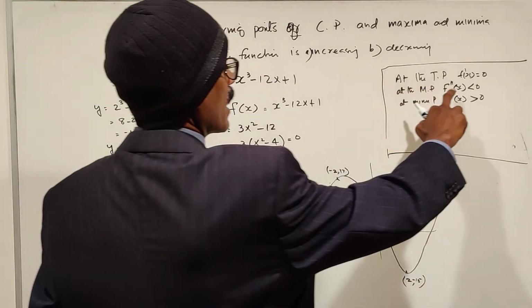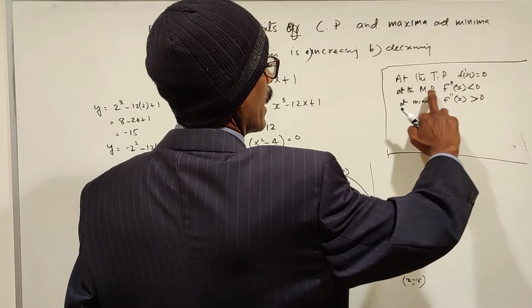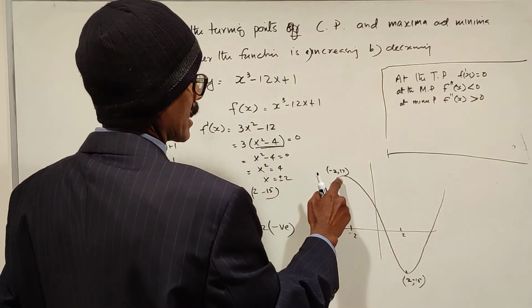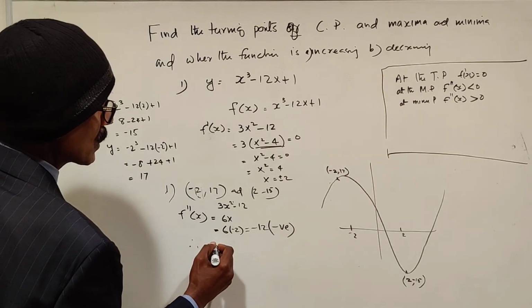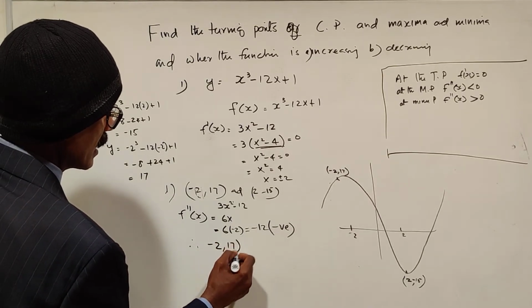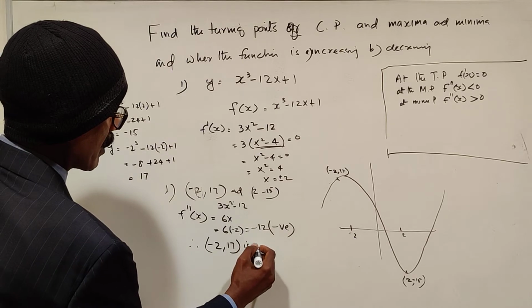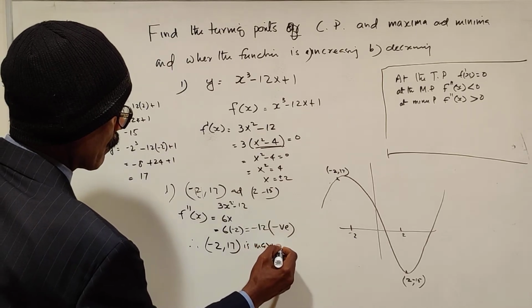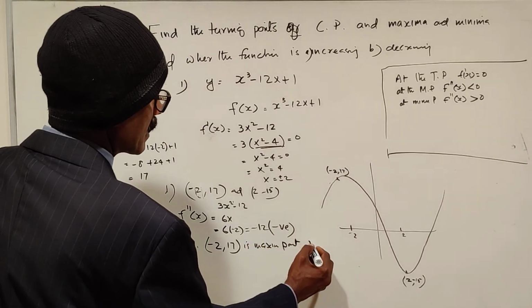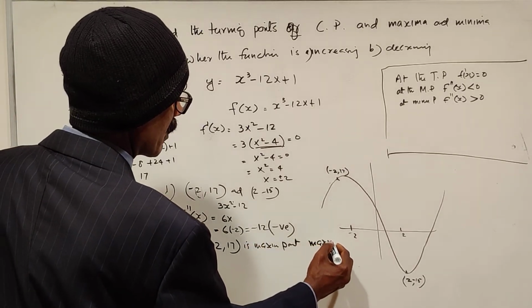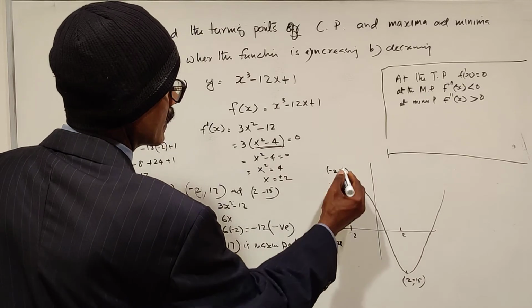The second derivative is negative, so this is the maximum point. Therefore, (minus 2, 17) is the maximum point.